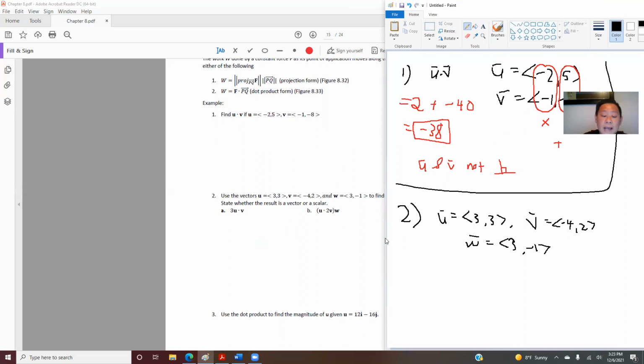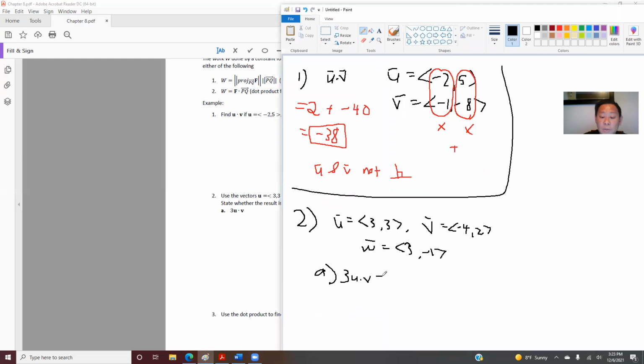The question is asking us to find 3u dot v. How do we find 3u dot v? We take u and multiply it by 3. That means you will get 9, 9, because 3 times 3 is 9. And then you dot this with vector v. Vector v is -4, 2.